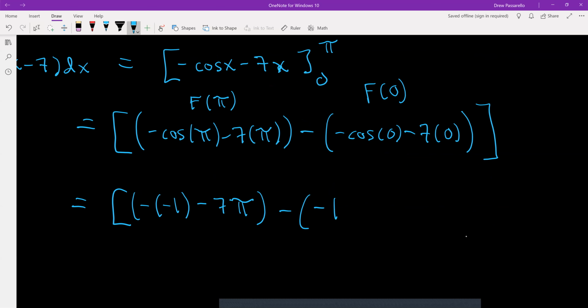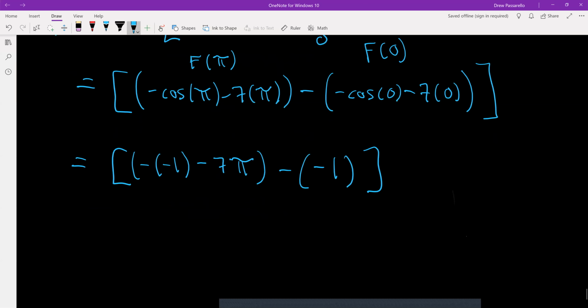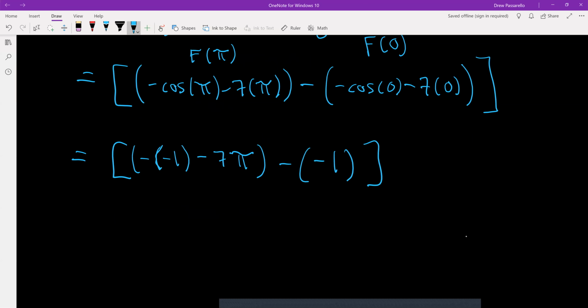And then 7 times 0 is 0. So just -1. All right, so that's 1 minus 7 pi, and then this becomes plus 1. So we have 2 minus 7 pi.